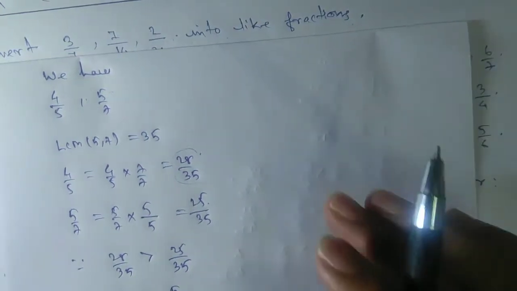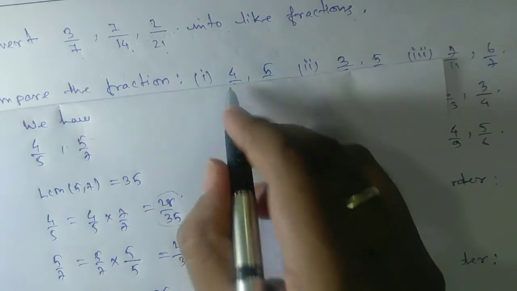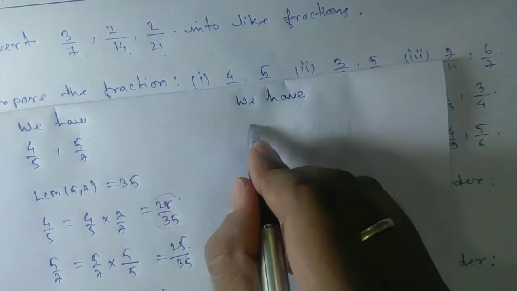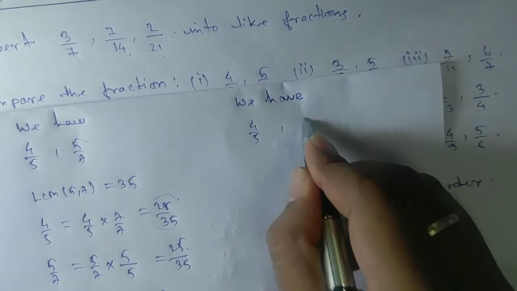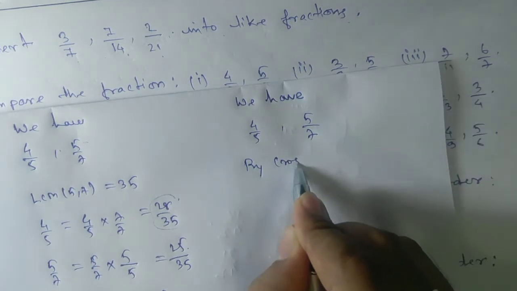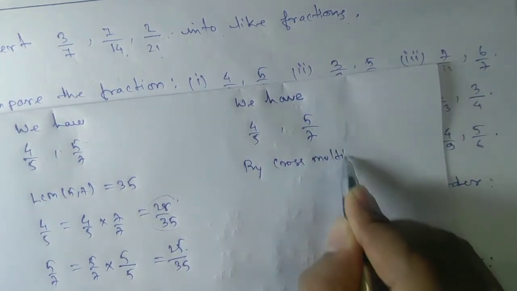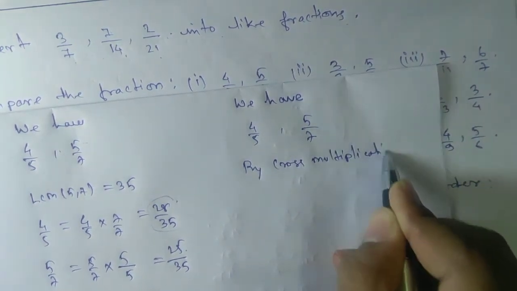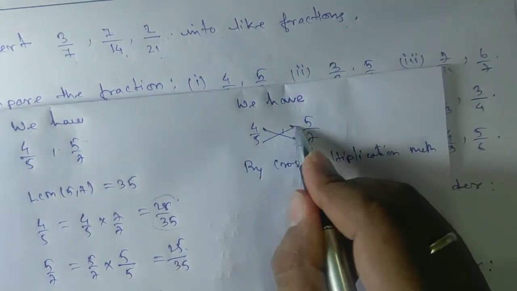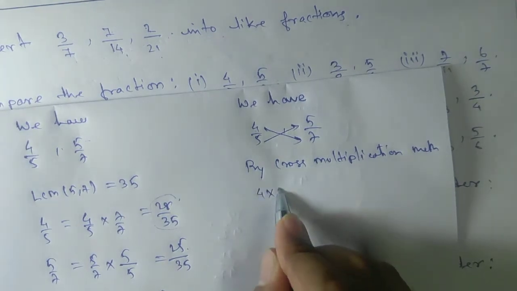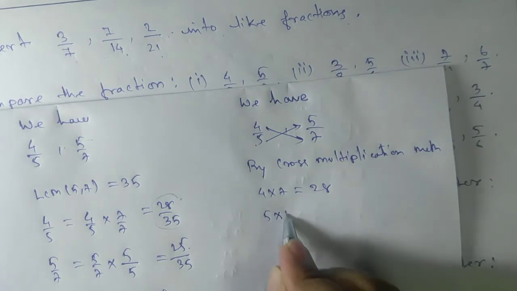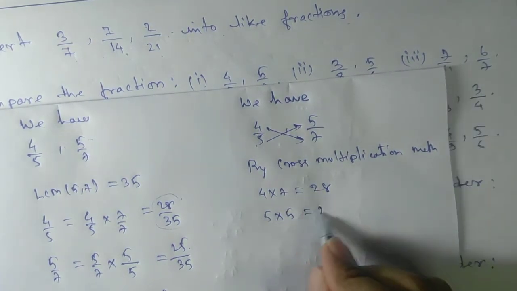Now we're going to use the cross multiplication method. Same problem: 4 by 5, 5 by 7. You need to multiply crosswise. That means 4 into 7 you get 28. Another is 5 into 5, we multiply to get 25.